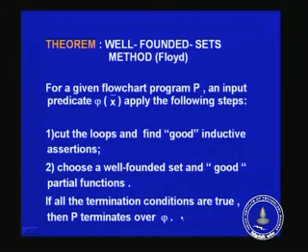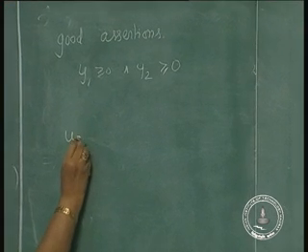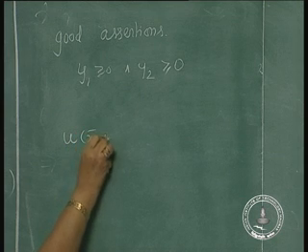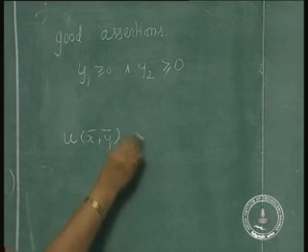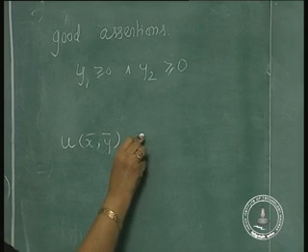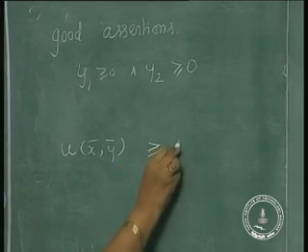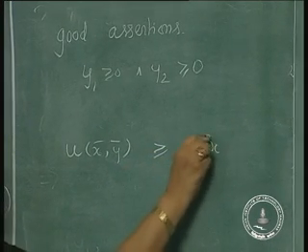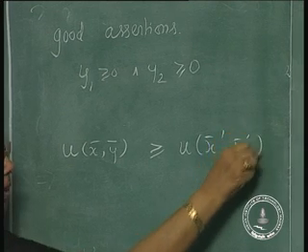What are the termination conditions here? The termination condition here is, the first time you have q of x bar and y bar, and after execution of the loop, the new values, this should be greater than or equal to the new value q of x bar dash and y bar dash.